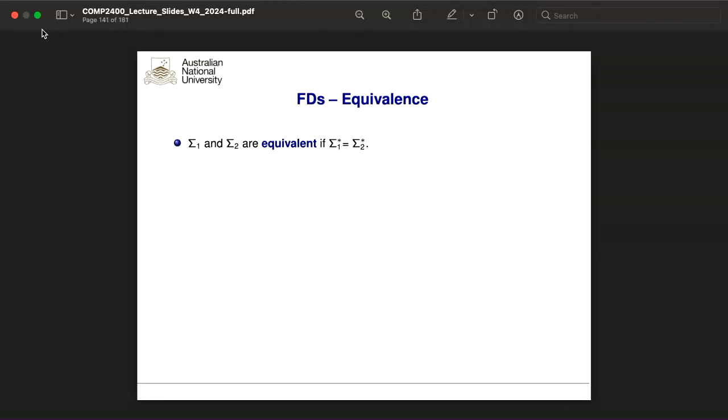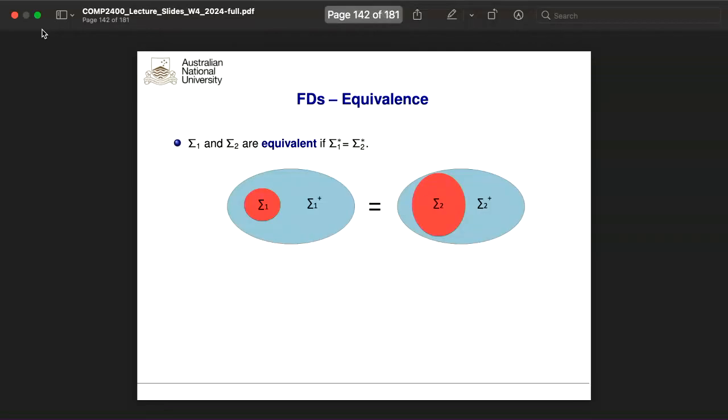That means if we have two sets of function dependencies, they may look different, but semantically, they imply the same set of function dependencies. This set of function dependencies may have 3, another set may have 10, but potentially they could be equivalent, exactly the same semantically.